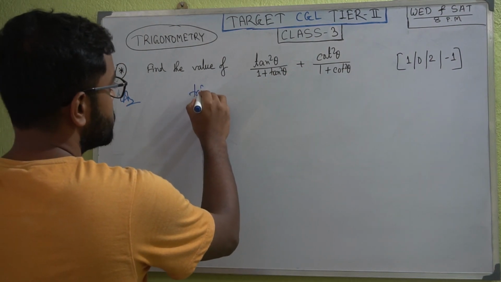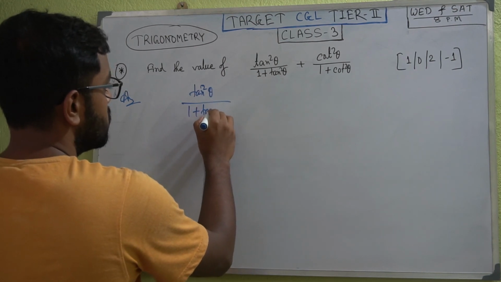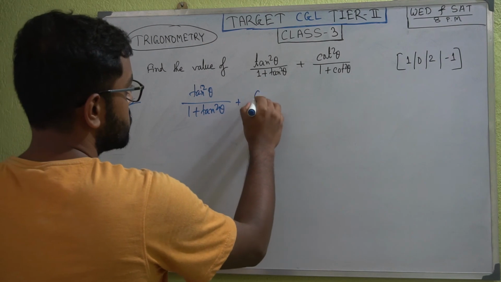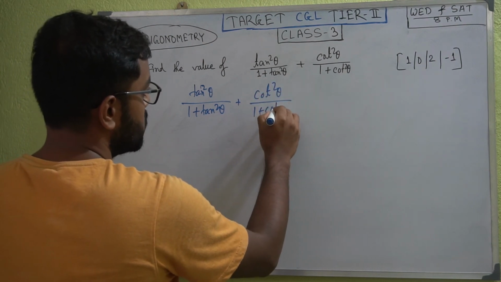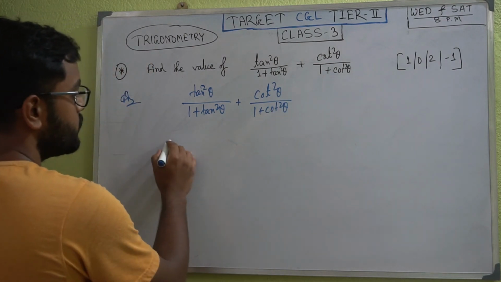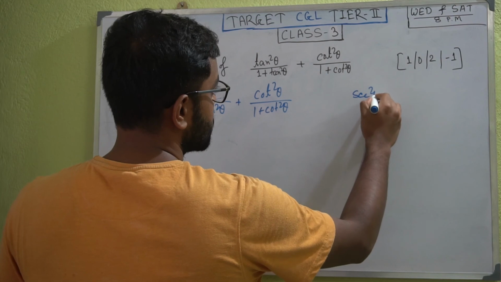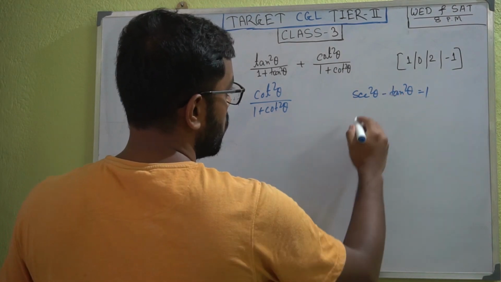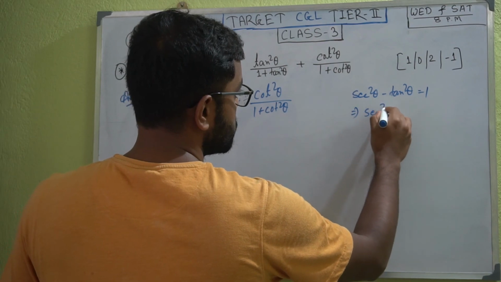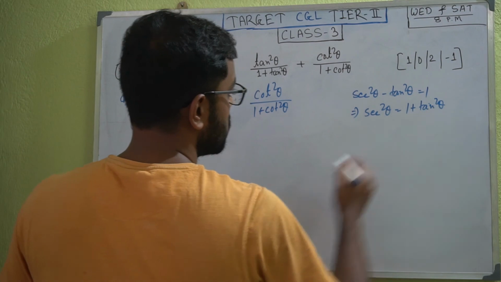Okay, let's see. Tan square theta by 1 plus tan square theta plus cot square theta by 1 plus cot square theta. We know that sec square theta minus tan square theta equal to 1. So sec square theta equal to 1 plus tan square theta.